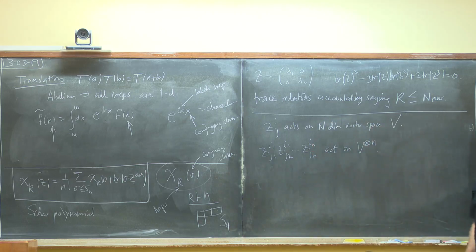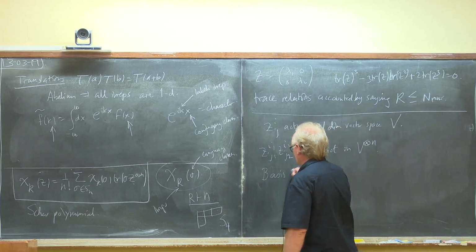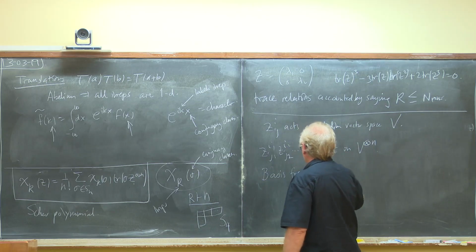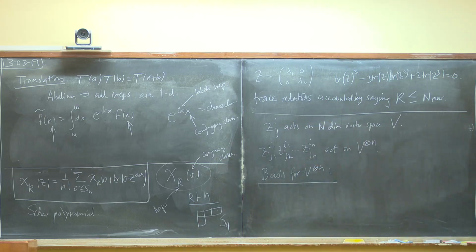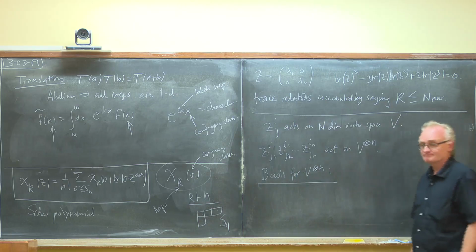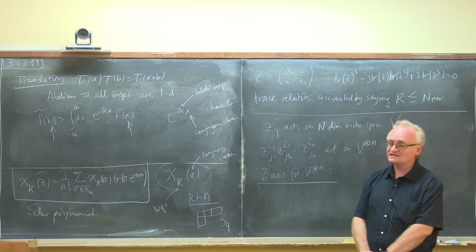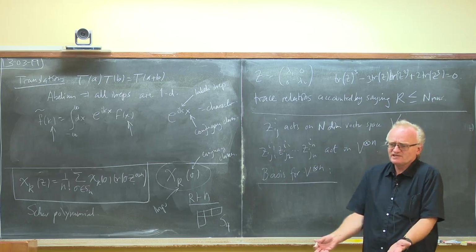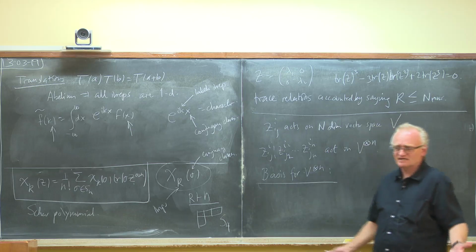Now let's put a basis for V tensor n. Just to understand this condition, even when small n is larger than capital N, the cutoff naturally is not small n but capital N. Exactly. So it's a bit weird, right, that the symmetric group knows about capital N. Why?